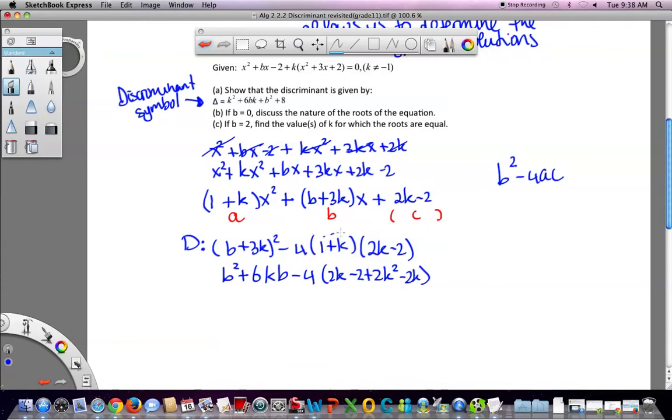So I distribute it, right? 1 times 2k, 1 times a -2, k times 2k, then a -2. Now I can multiply that -4 in. So b squared plus 6kb minus, 2k minus 2k cancels, so I can eliminate that. So I'm going to get -4 times -2 is +8, and -4 times 2k squared is -8k squared.